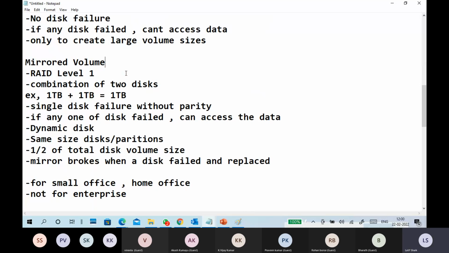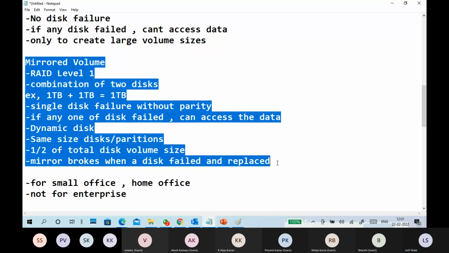It is Windows 7, Windows 10, so regular desktops only support striped, spanned, simple, and mirror volumes. RAID 5 may not be supported, it depends upon the version. So mirror volume is generally supported.